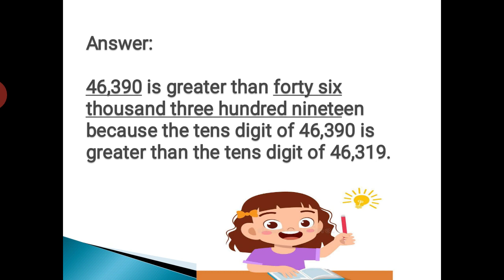In both numbers there is 3 in the hundreds place. So moving on to tens and ones, here it's 90. Yes, 90 means in the tens place we have 9 here. And in 46,319, in the tens place we have 1. So the greater number will obviously be this one, 46,390.